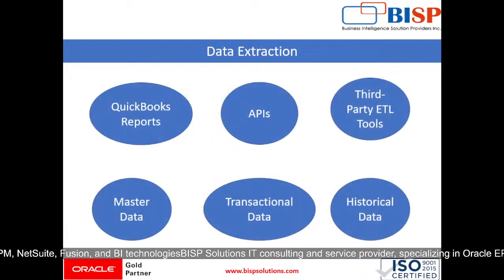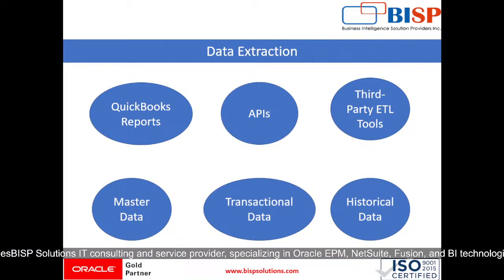Data extraction is for extracting relevant data from QuickBooks using QuickBooks reports, with CSV or Excel exports. Then third-party ETL tools like Celigo, Boomi, Fivetran, etc. Then comes APIs for automatic extraction of larger data sets.